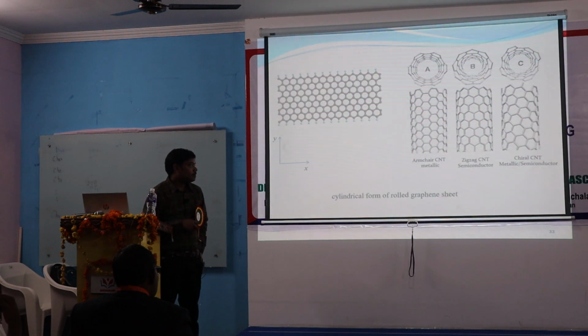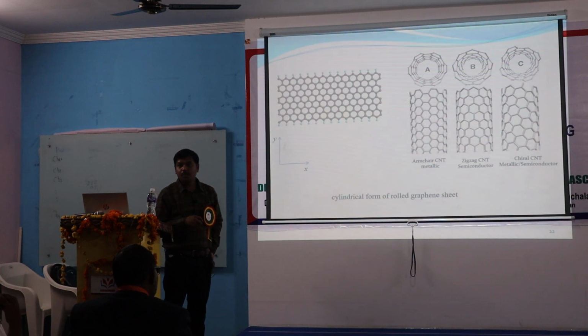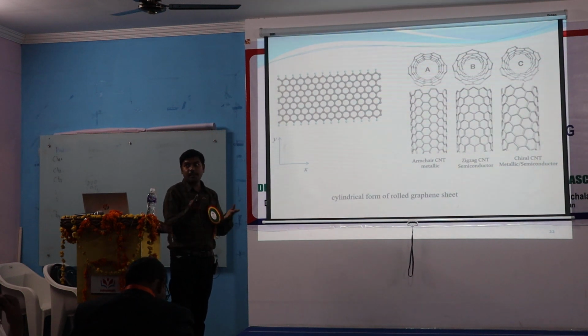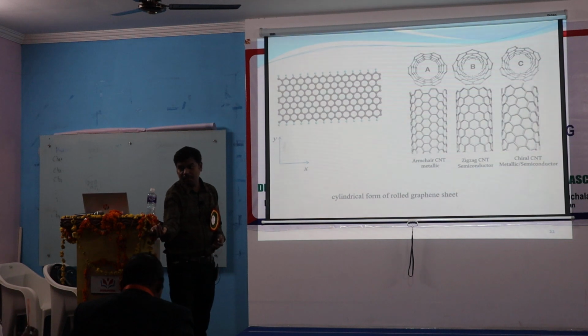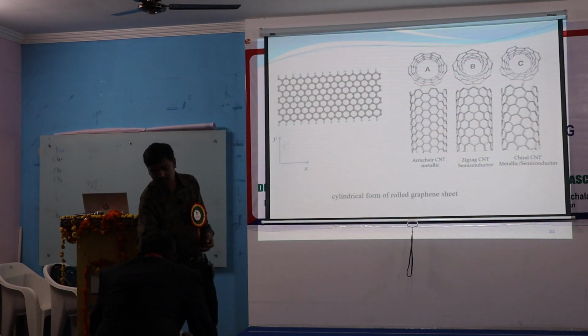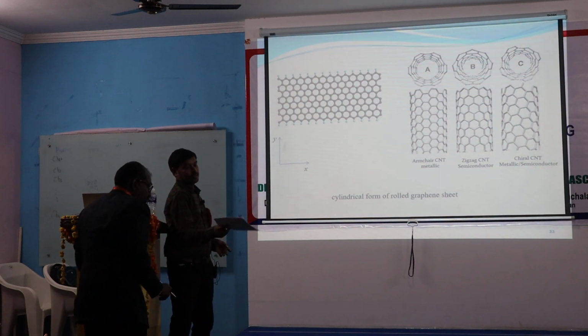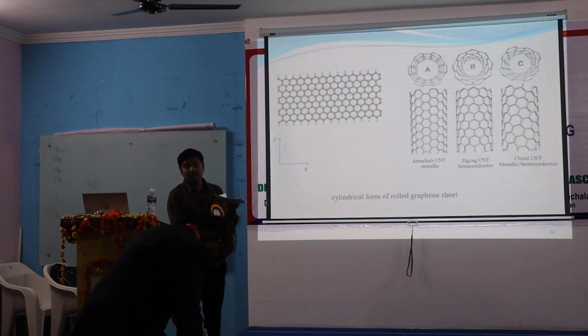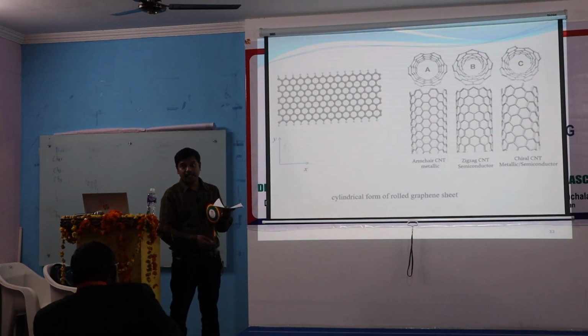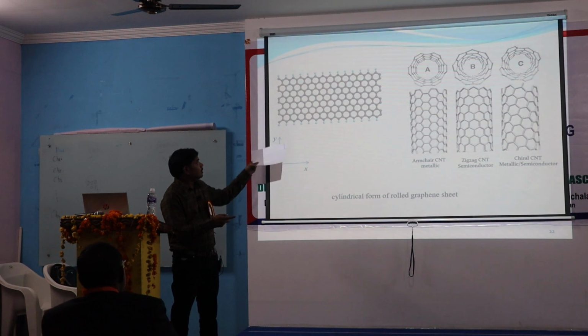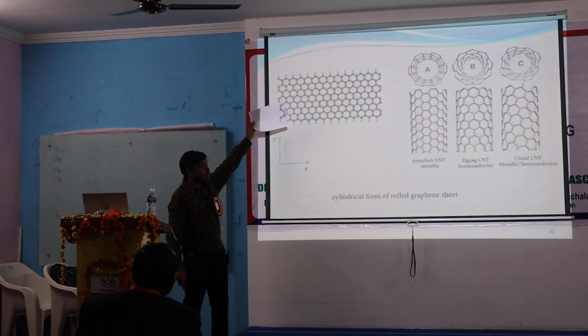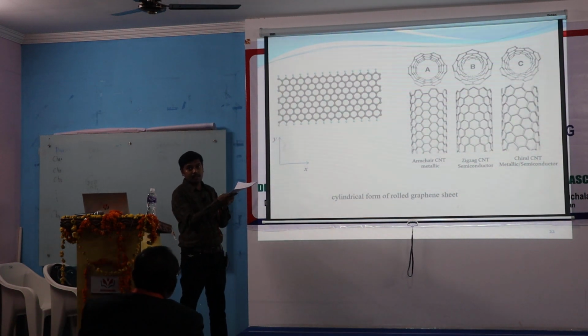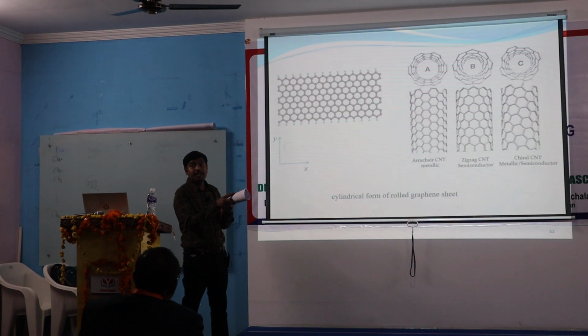Then what I did, I took a paper, one paper. I said this paper looks like a zigzag GNR, correct? You hold like this, then it will become an armchair CNT.